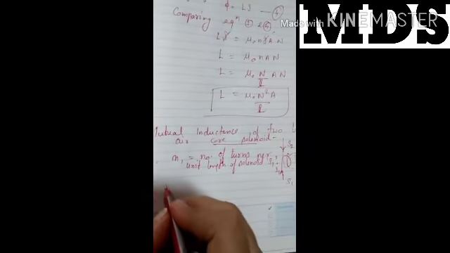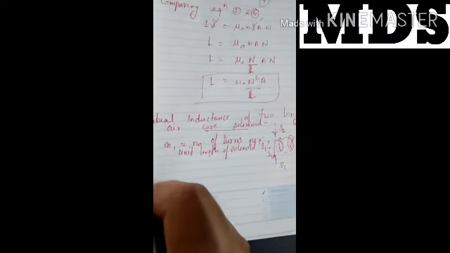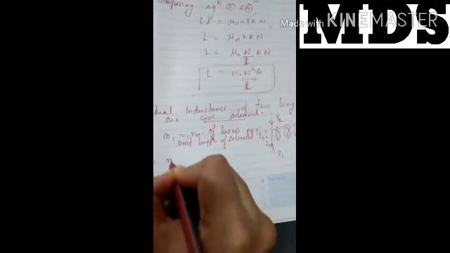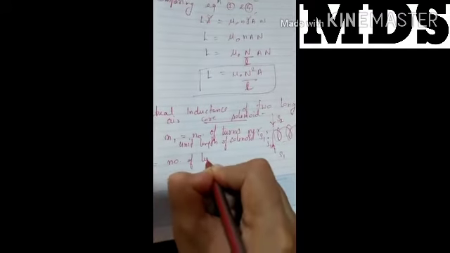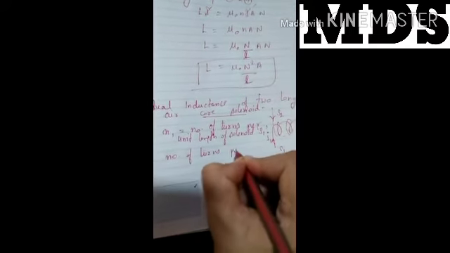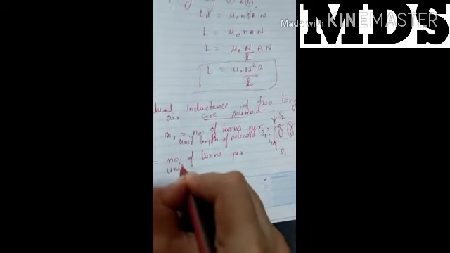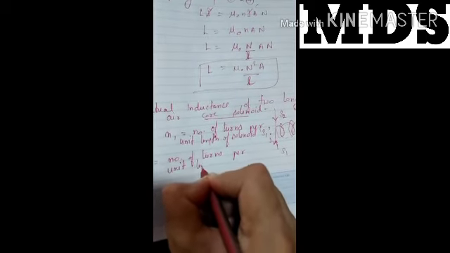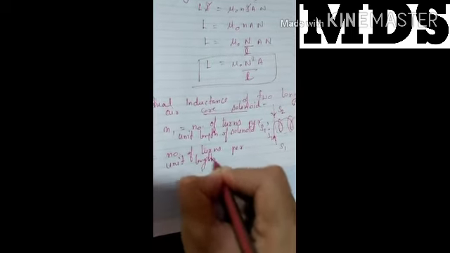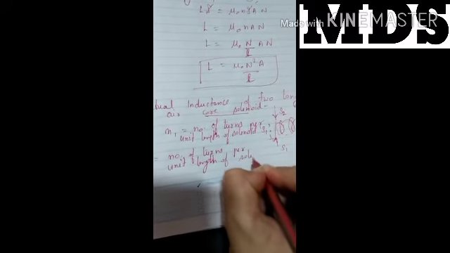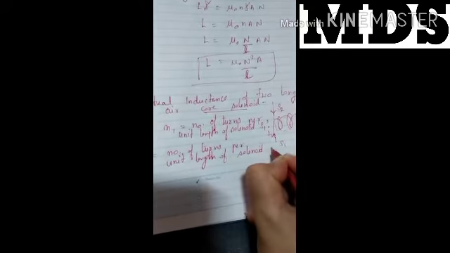In the S1 solenoid we are taking N1, and N2 equals the number of turns per unit length of solenoid S2.